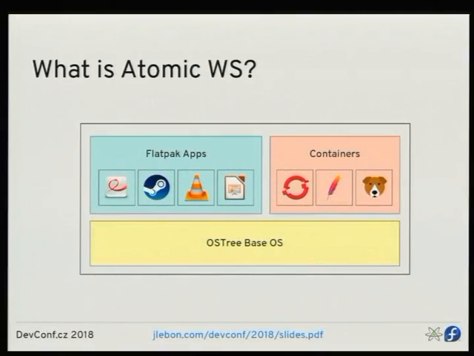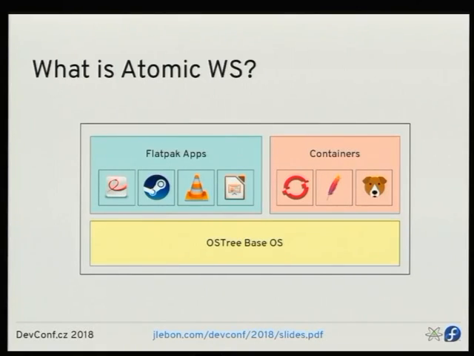So this is a really crappy diagram, but you have your OSTree base OS, and then you have your desktop applications in Flatpaks, and then you have container applications in containers.